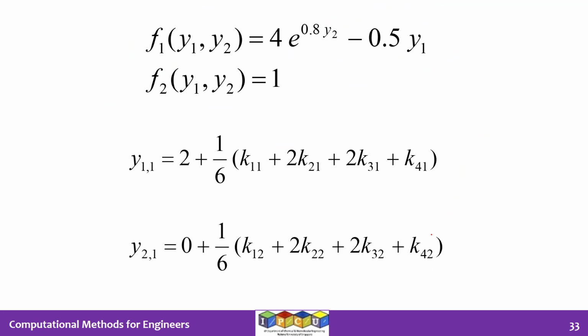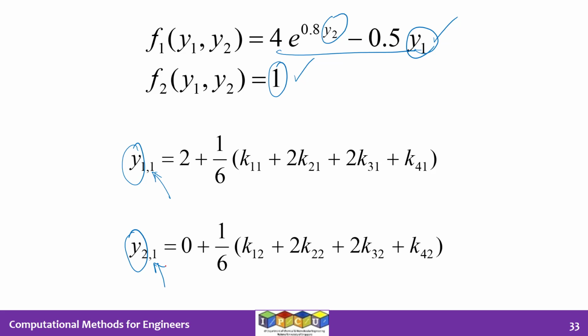Now what I do is I write f1. f1 is a function of y1 and y2. In general, f2 can be a function of y1 and y2, but here f2 is just 1. f1 is a little more complex. It is indeed a function of y1 and y2. So we can write out expressions for y1,1 and y2,1, because there are two components y1 and y2 and you have to find both of them at x is equal to 1.